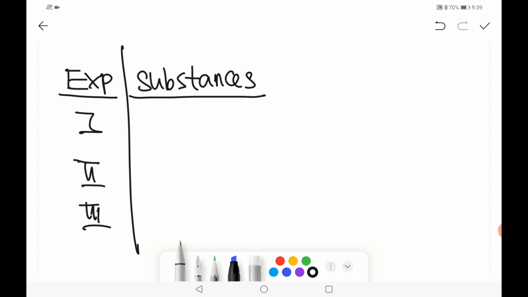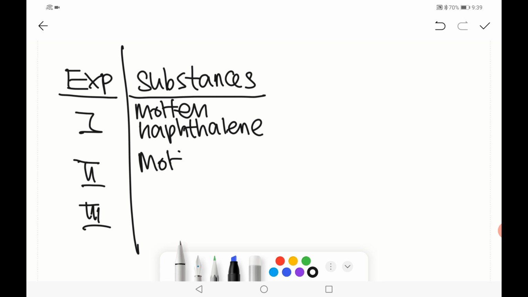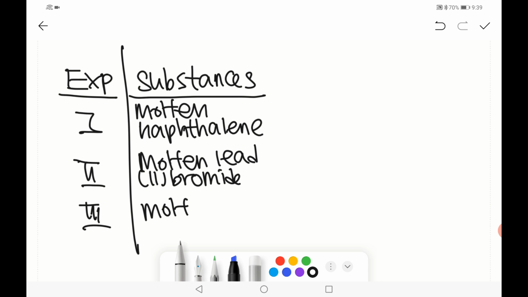Then you put in the 3 things you have. The first one is molten naphthalene. After that, we have molten lead(II) bromide, and we also have molten glucose. So there are a total of 3 molten substances over here.